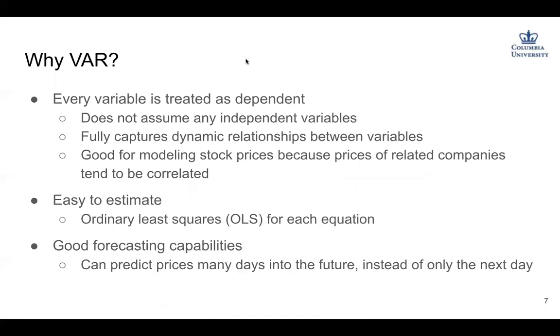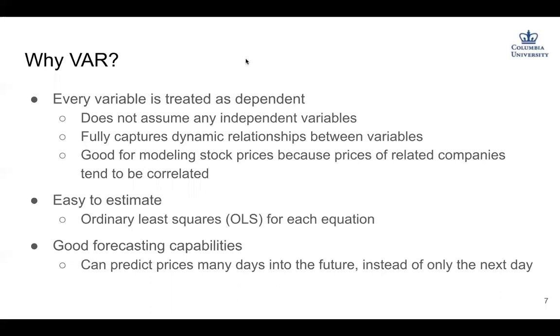So why did we choose to use a vector autoregression model? There are many advantages of VAR models. First of all, every variable is treated as dependent. So the model does not assume that any variables are independent, and it fully captures the dynamic relationships between variables.